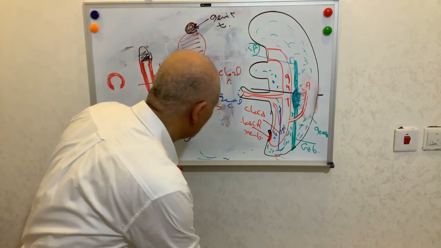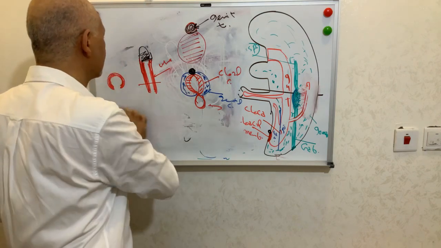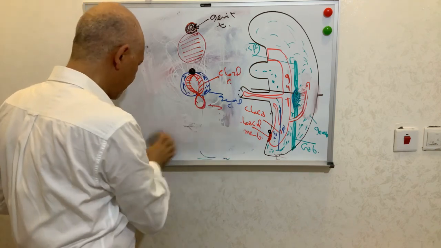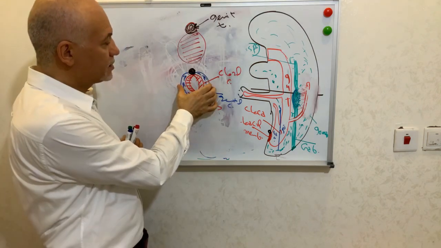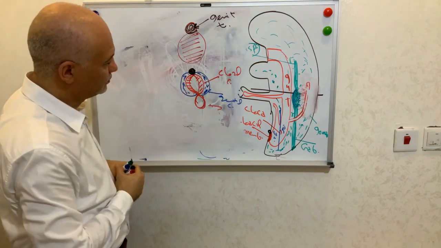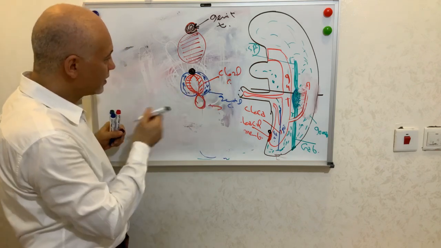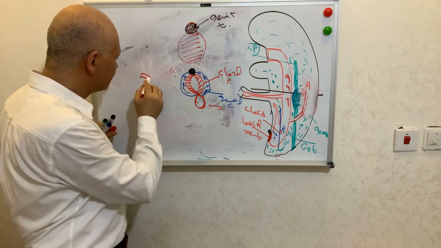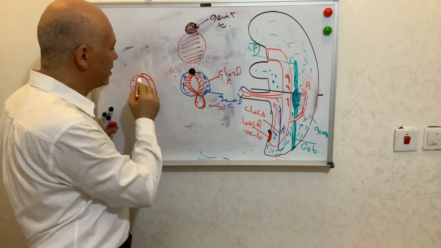If this embryo develops as female embryo, this is in different stage. In female embryo, the urethral fold remains as what's called labium minor.